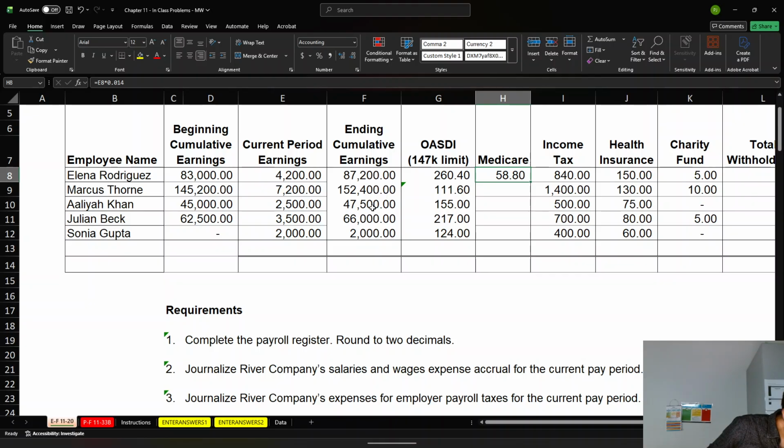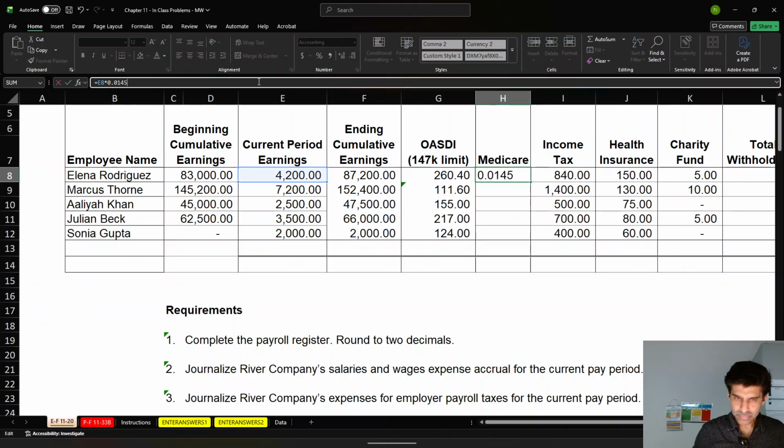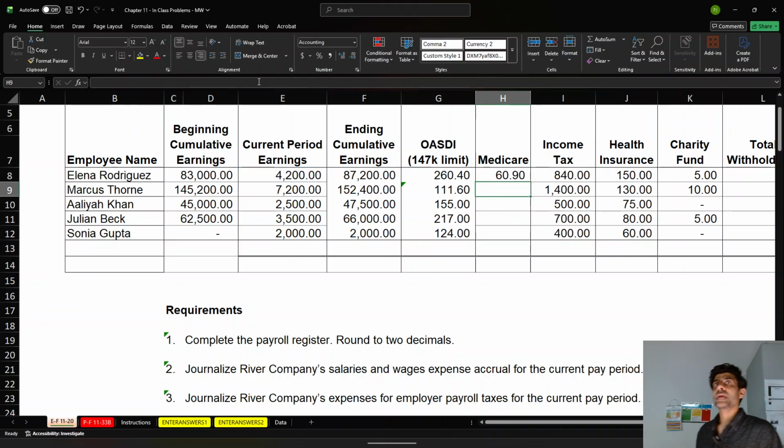Quick question actually on that. Why are they getting taxed less for this person? Because again, they've been already paying OASDI from 0 through 145,200 on their full paycheck.